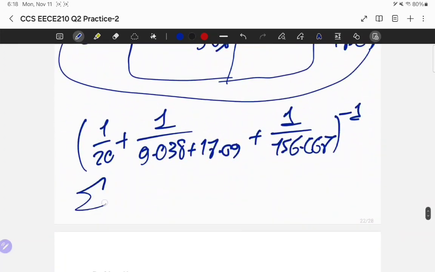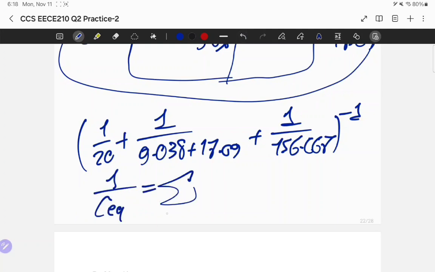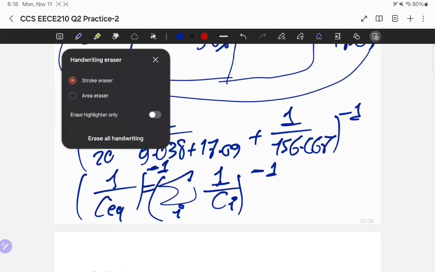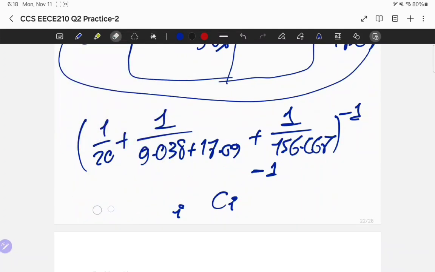Because remember, the formula went like this: 1 over C equivalent in the case of series is equal to the sum over i of 1 over Ci. And then I invert both sides. Now this is the value of the series capacitor.